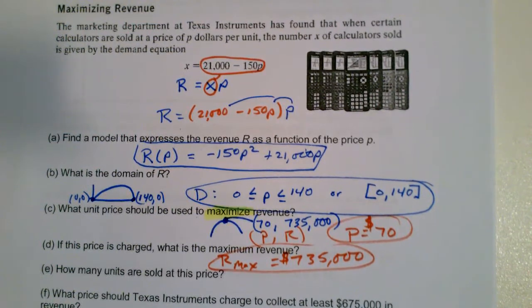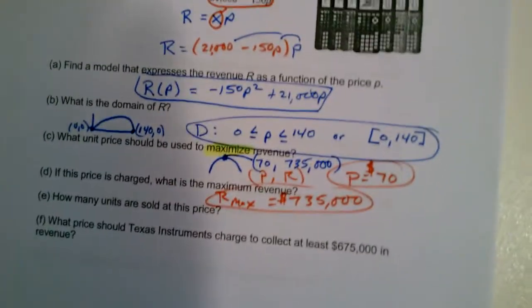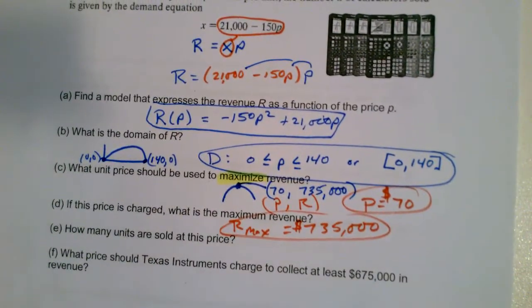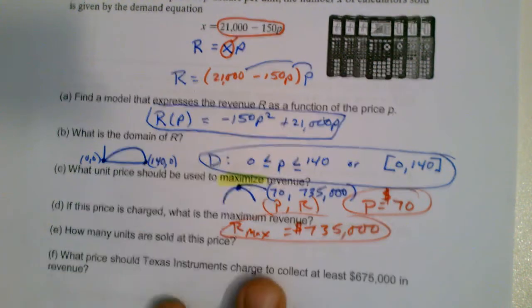All right, do you guys have any questions? All right, let's move on to the next one, part E. So part E says how many units are to be sold, okay? So we have a formula for units, don't we? What represents the number of calculators up on the top here?